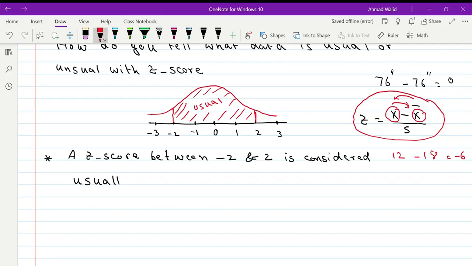I will put 2 double lines with the red color between 2 and -2, and here is usual. If your z-score is between -2 and 2, we consider that data what? Usual. What about unusual?